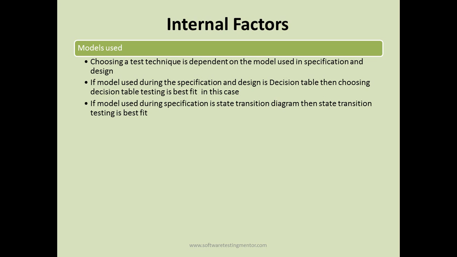And if the model used during specification is a state transition diagram, then state transition testing will be the best fit if the state transition diagram is already available in the specification and design document.